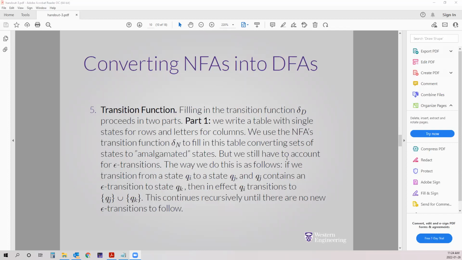We still have to account for the epsilon transition. The way we do this is as follows. If the transition goes from a state Qi to state Qj, and Qj contains an epsilon transition to state Qk, then in effect Qi transitions to Qj union Qk, to overcome the epsilon transition. This continues recursively until there are no new epsilon transitions to follow.